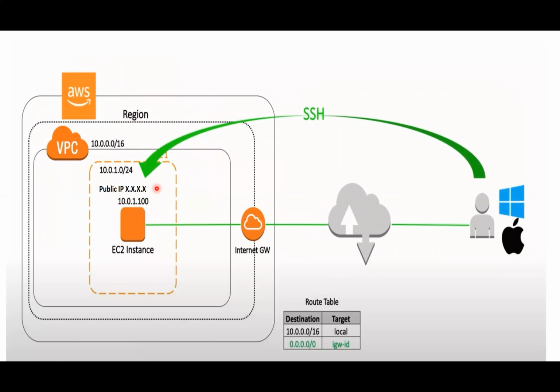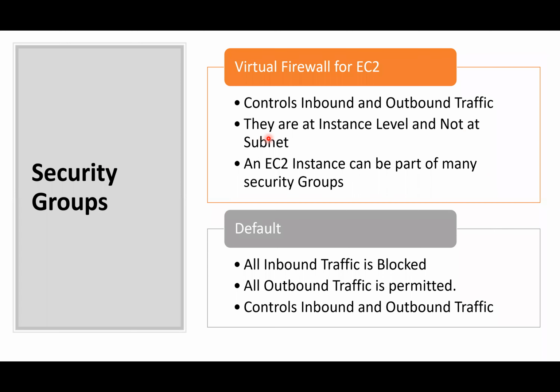So we're going to assign a public IP to this instance so that our user, using PuTTY or whatever tool you like from your Windows or Mac machine, can access this EC2 instance over SSH. Okay, everyone clear? If you have any questions, just let me know.